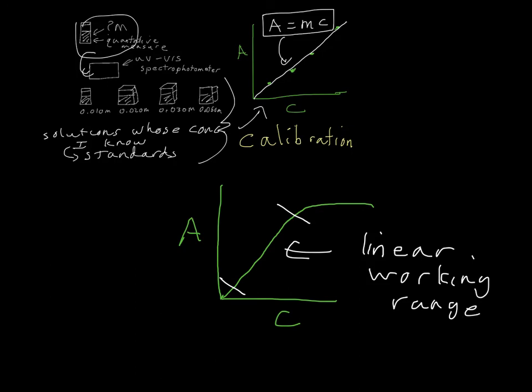When you are taking samples, because absorbance deviates from concentration at high concentrations, when you're using Beer's law to measure concentrations, you always want to make sure that your unknown falls within your linear working range.